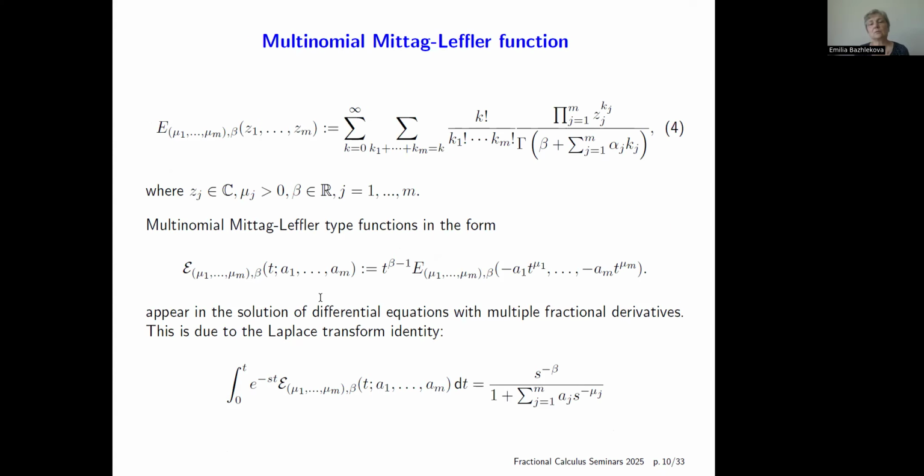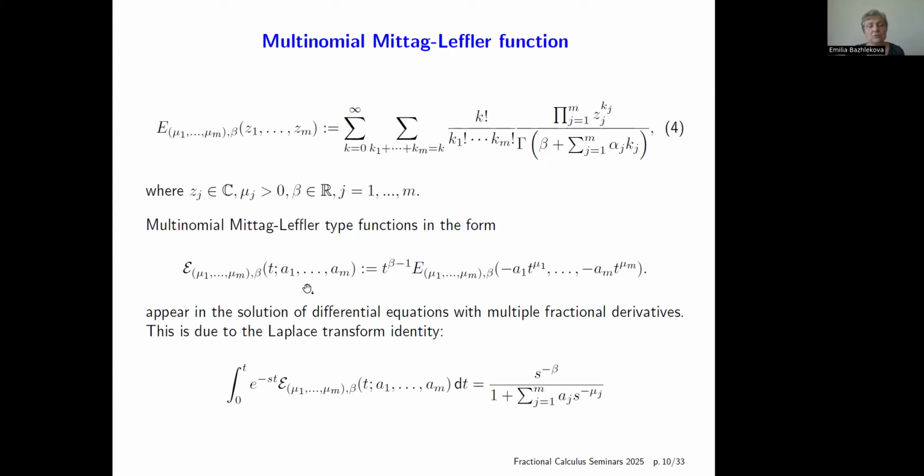We continue with the function defined by Luchko. We consider only real parameters when mu are greater than 0, and not the most general case of parameters.